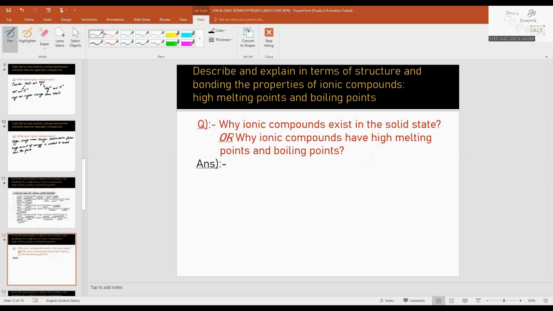Now, why do ionic compounds exist in solid state, or why do ionic compounds have high melting and boiling points?